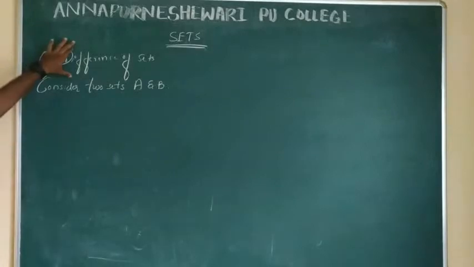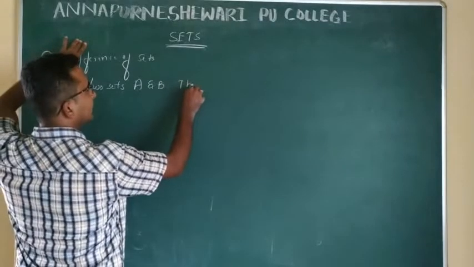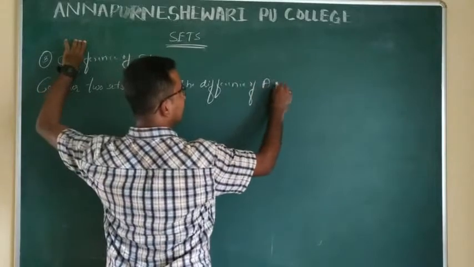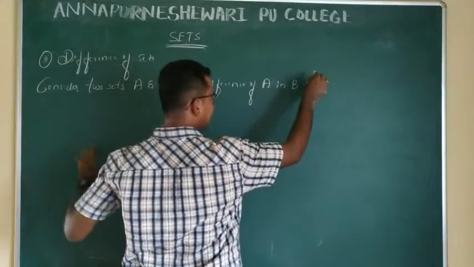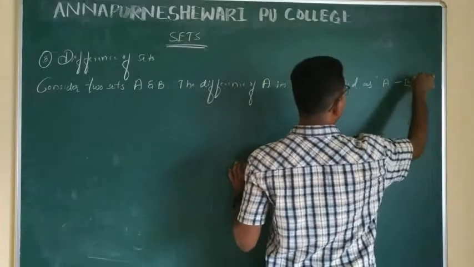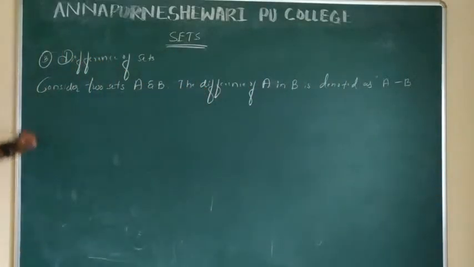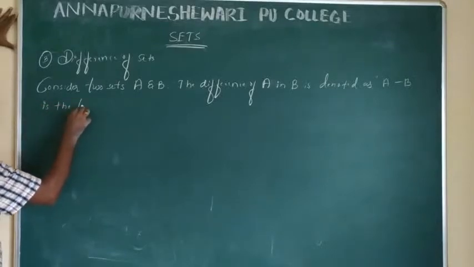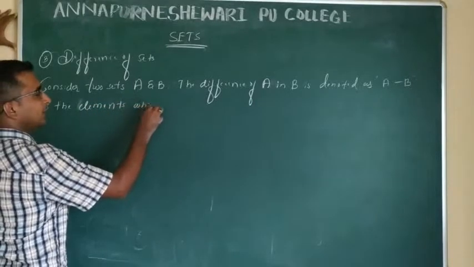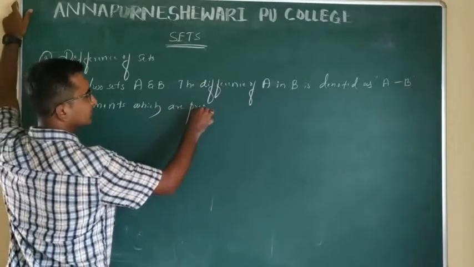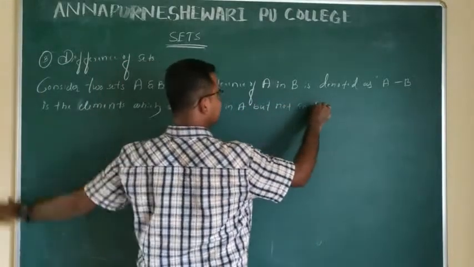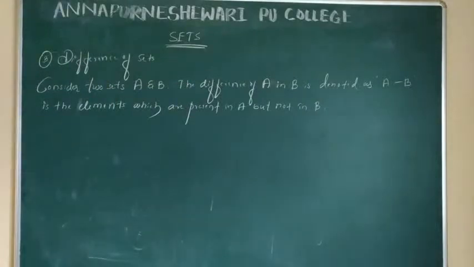The difference of A in B is denoted as A minus B. What is A minus B? It is the elements which are present in A but not in B. What is the difference of A in B?